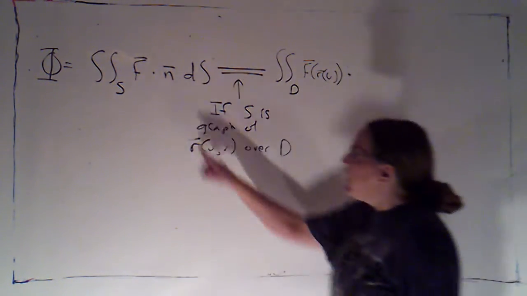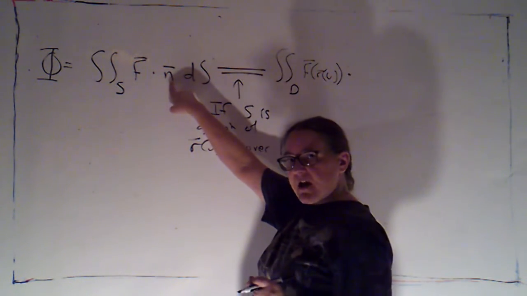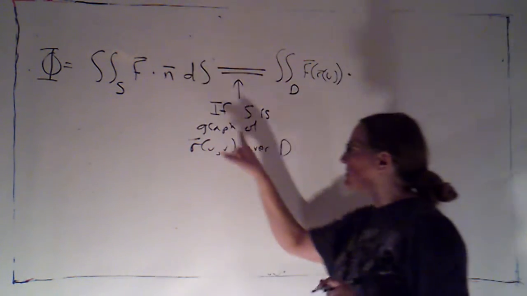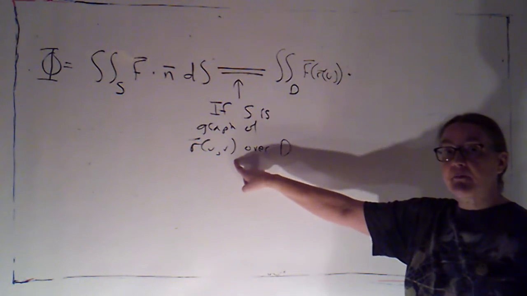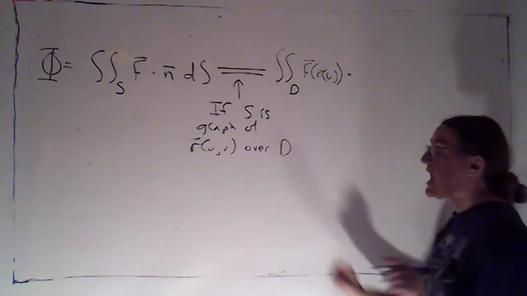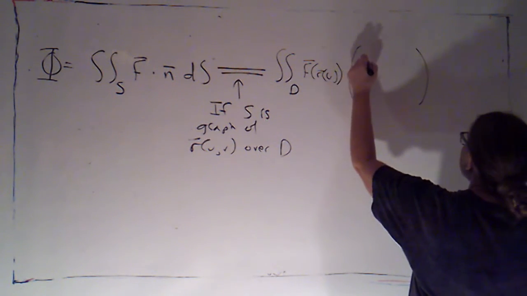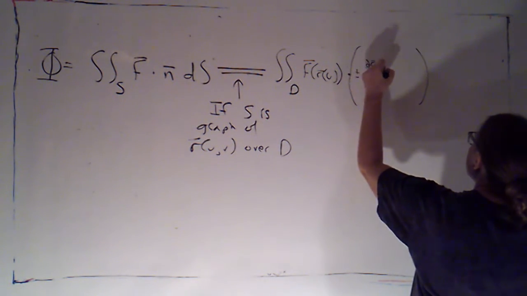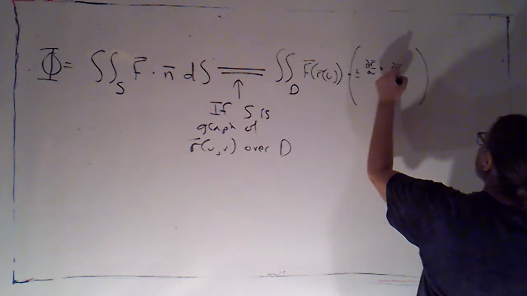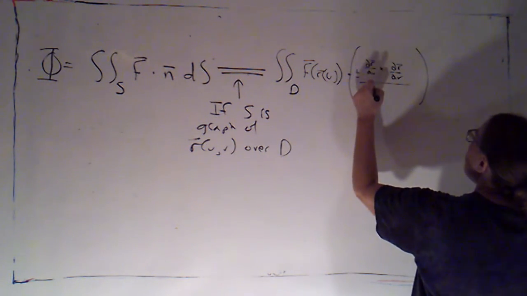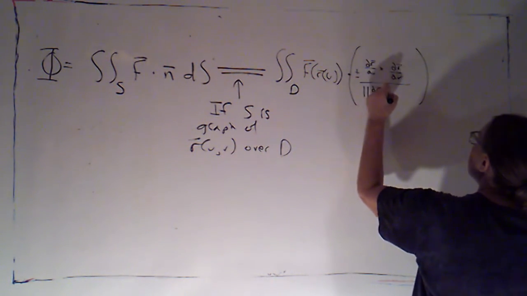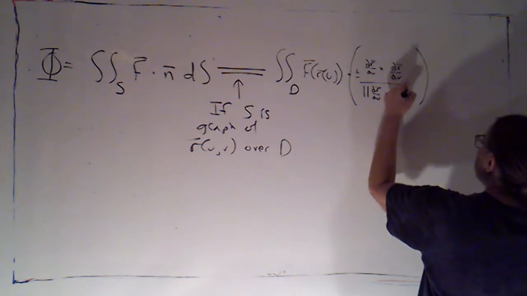But now, I can describe my principal unit normal vector in terms of my parameterization. I'm going to write that this way: plus or minus del r del u crossed with del r del v over the magnitude of del r del u crossed with del r del v.